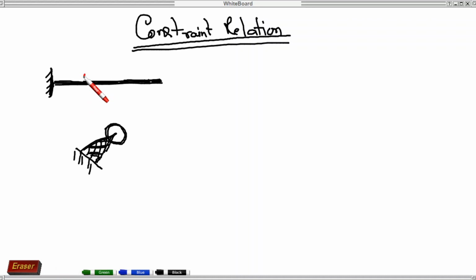And suppose this is some ring. This is some ring, and here also there is some mass, and this one is the string.